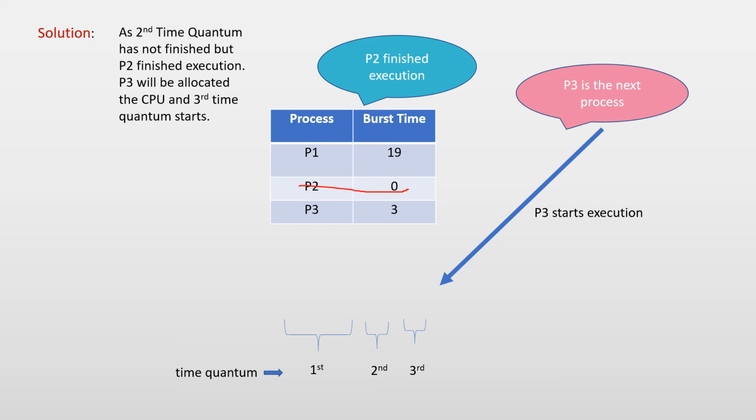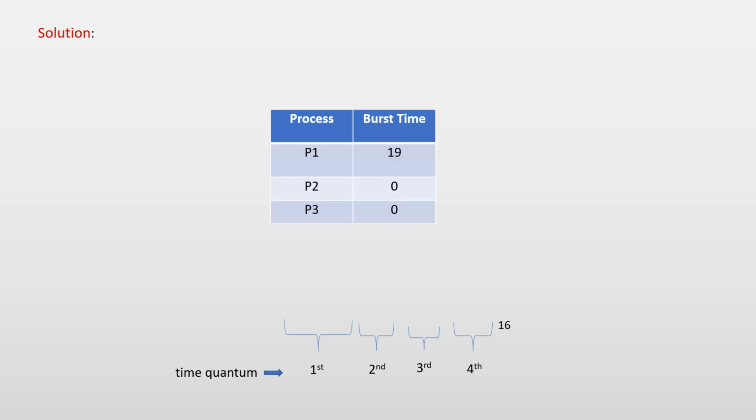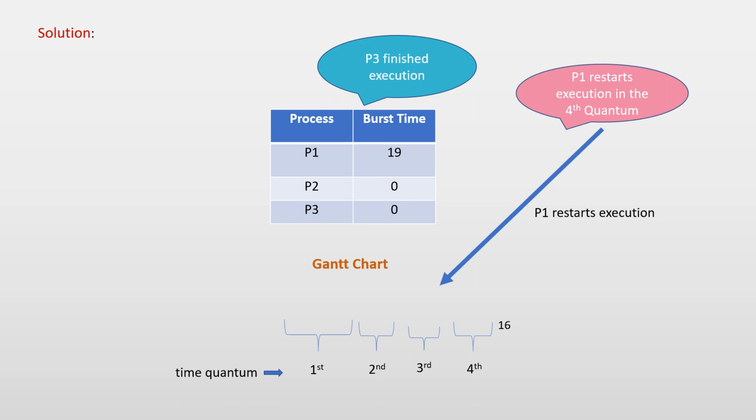Since P2 has just finished, the next process that has entered the system is P3. So P3 gets the next time quantum. So P3 executes next, at the third time quantum. P3 also has finished. Now P1 continues.